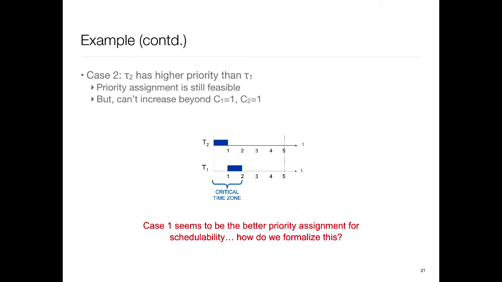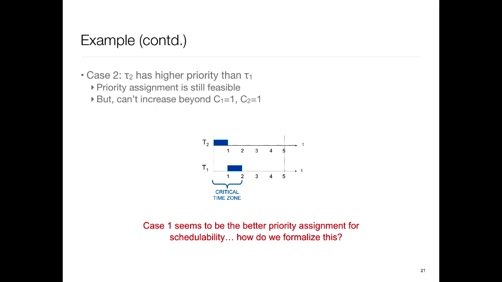So while in this case both priority assignments are possible, assigning task 2 the higher priority is more restrictive. I can make less use of the CPU in this case. Whereas the other way around, I could make more use of the CPU. I could have 100% utilization of the CPU, but not this way around.